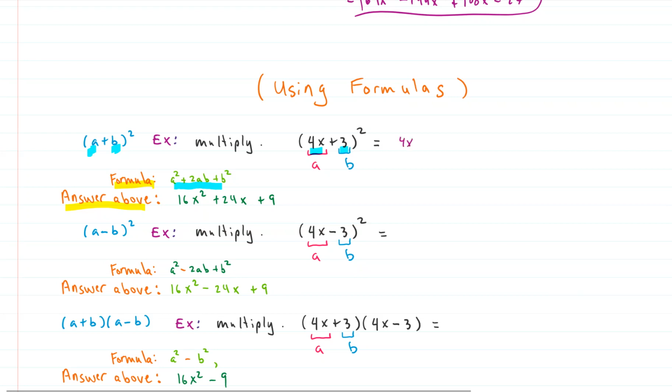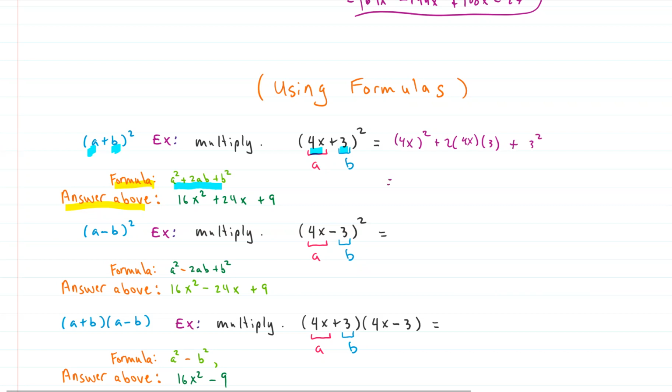So we have 4x squared plus 2 times a, which is 4x, times b, which is 3, plus b squared. And b is 3, so 3 squared.